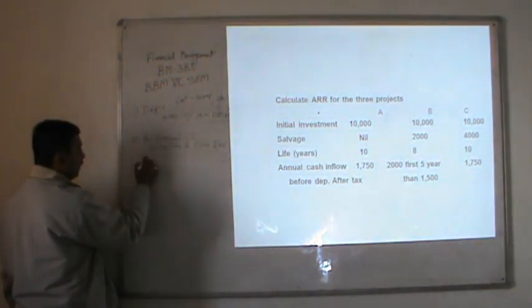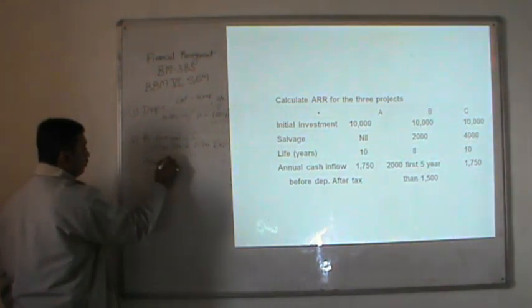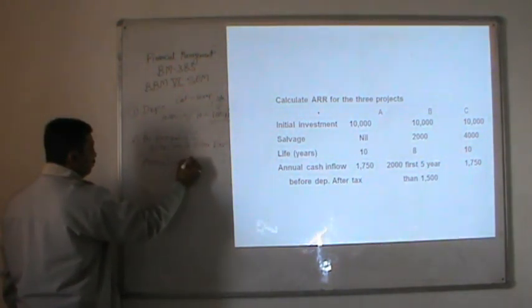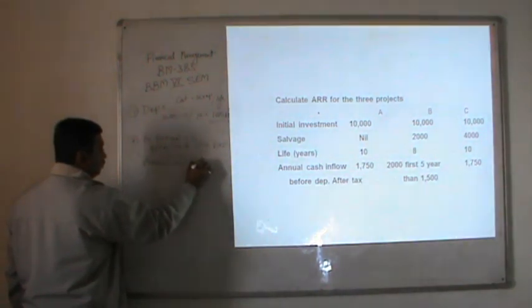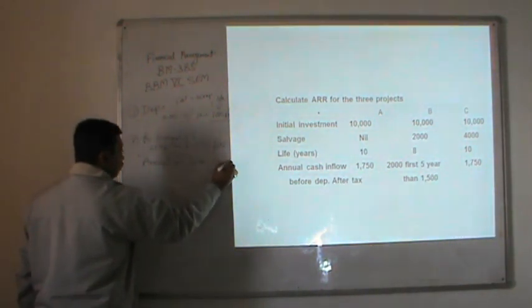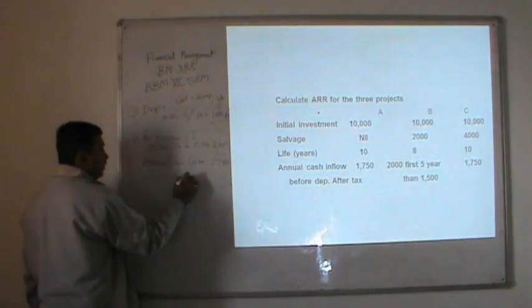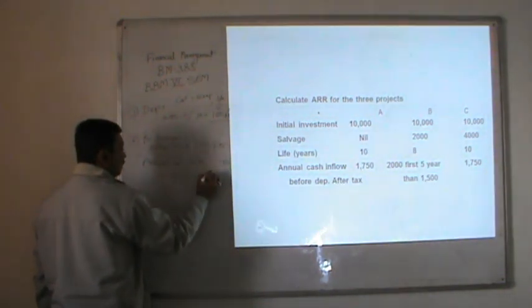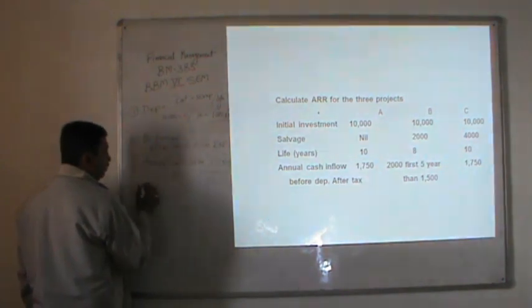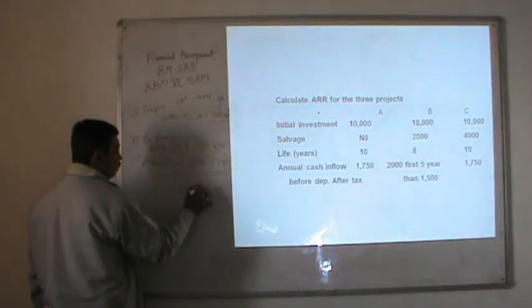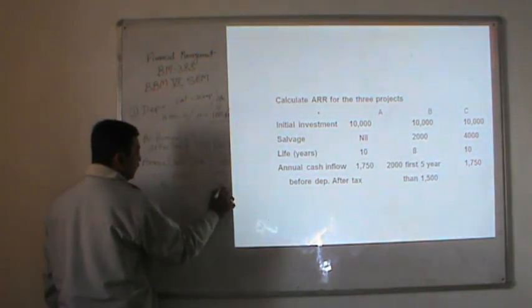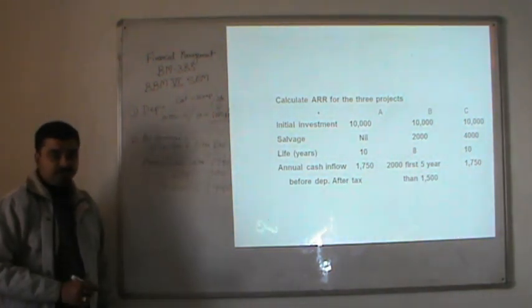So that will be written as annual cash inflow 1750 minus depreciation 1000. So we will be getting the average annual cash inflow after depreciation and tax of 750 rupees.